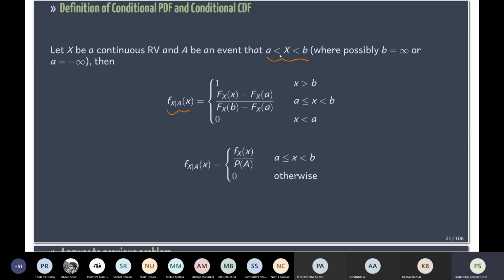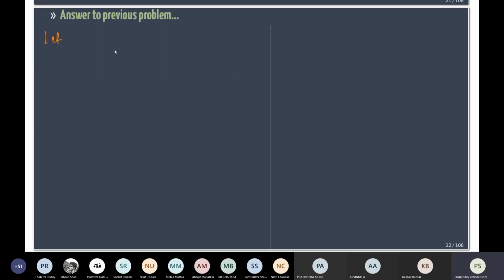Let me rephrase what I have been doing. What I mean by A is this. The conditional is on this event A, which I forgot to define here, and for that this is the expression I'm going to get. So let us try to prove this.